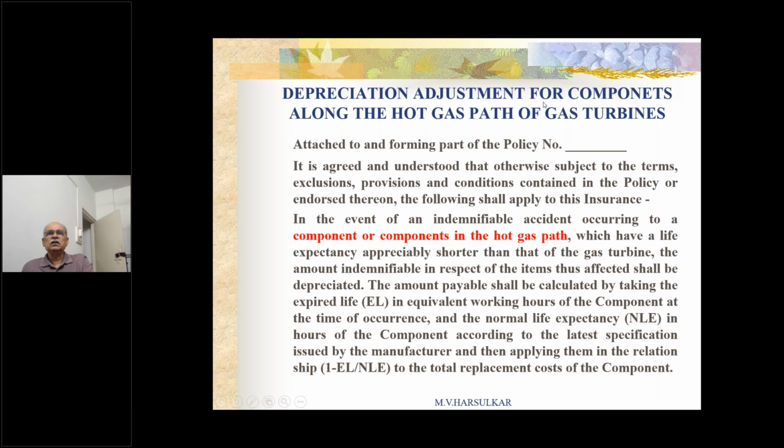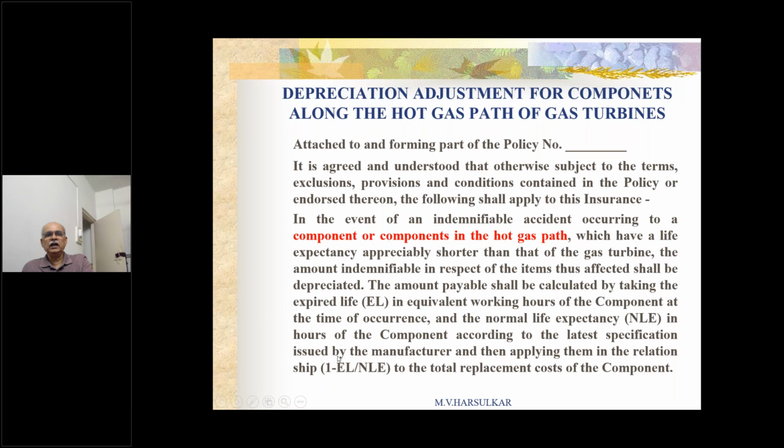Then depreciation adjustment for components along the hot gas path of a gas turbine. So components in the hot gas path which have a life expectancy appreciably shorter than that of the gas turbine. The amount indemnifiable in respect of the item thus affected shall be depreciated.